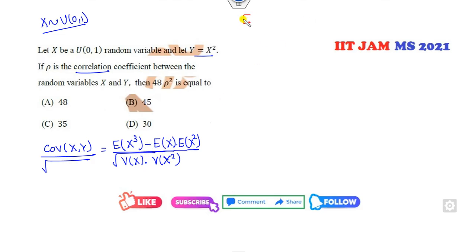First of all, what is the expected value of x? If x follows this, then the expected value is a plus b over 2. What is the expected value of x square? I can use the variance, but because it's a uniform distribution, you all know the expected value of x to the n.